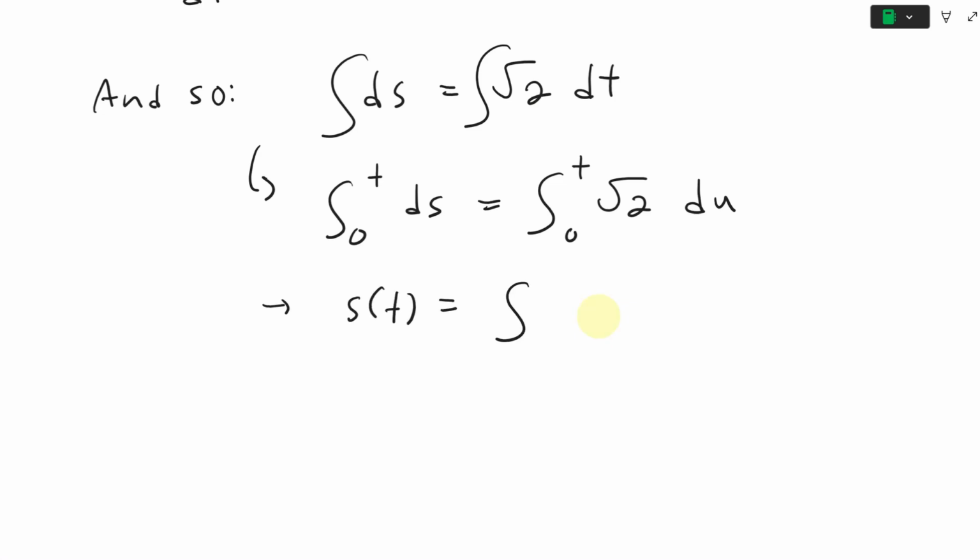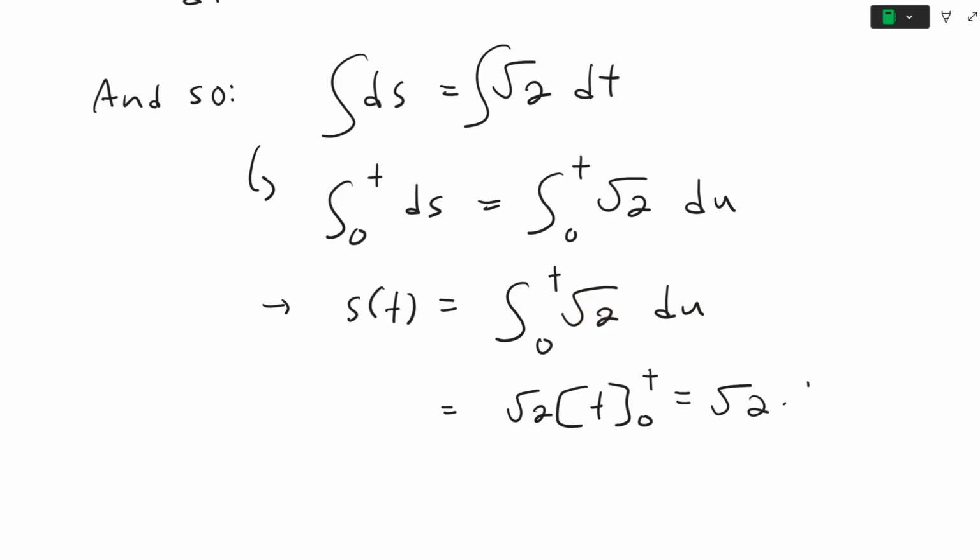equal to the integral from 0 to t of square root 2 du. This is just a constant, so we leave it out and integrate from 0 to t. So this just equals square root 2 times t.